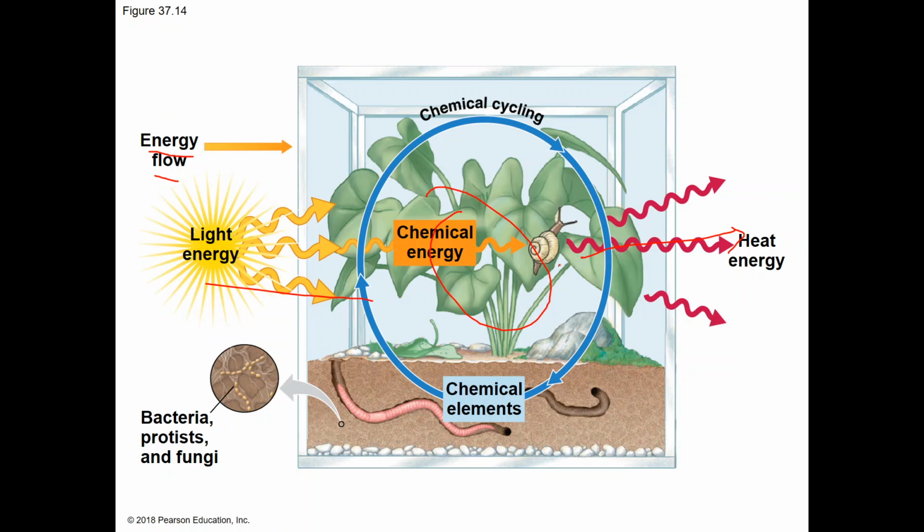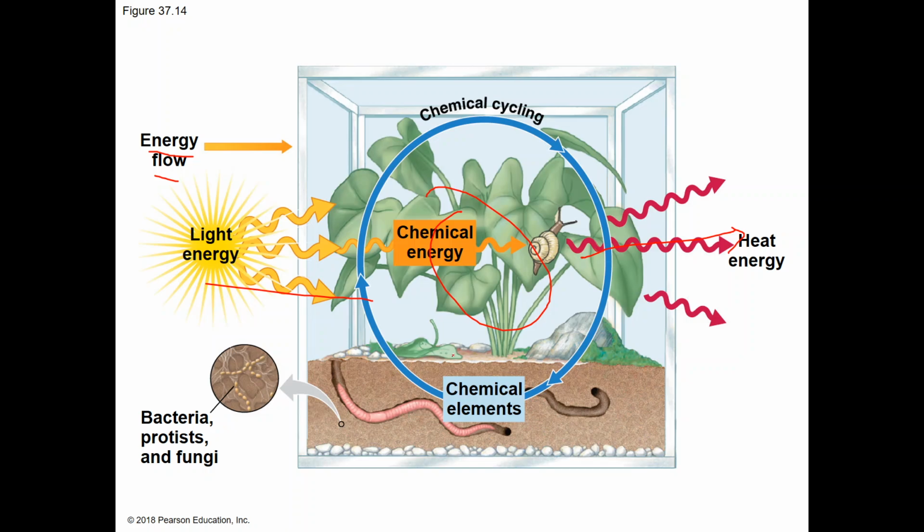So those chemical elements like carbon and nitrogen are cycled between the living biotic components of an ecosystem and the non-living abiotic components of an ecosystem. That includes the air, the water, the soil, all of the things that compose that ecosystem. Those chemicals are constantly cycled throughout the system.